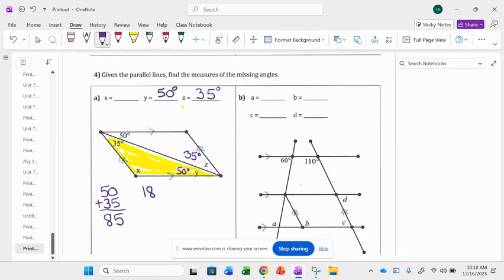And then I'm going to take 180 and subtract 85. This becomes 10, this becomes 7, but then I need to borrow again. So 10 minus 5 is 5, 17 minus 8 is 9. So we get X to be 95 degrees because all the angles in a triangle have to add to 180.